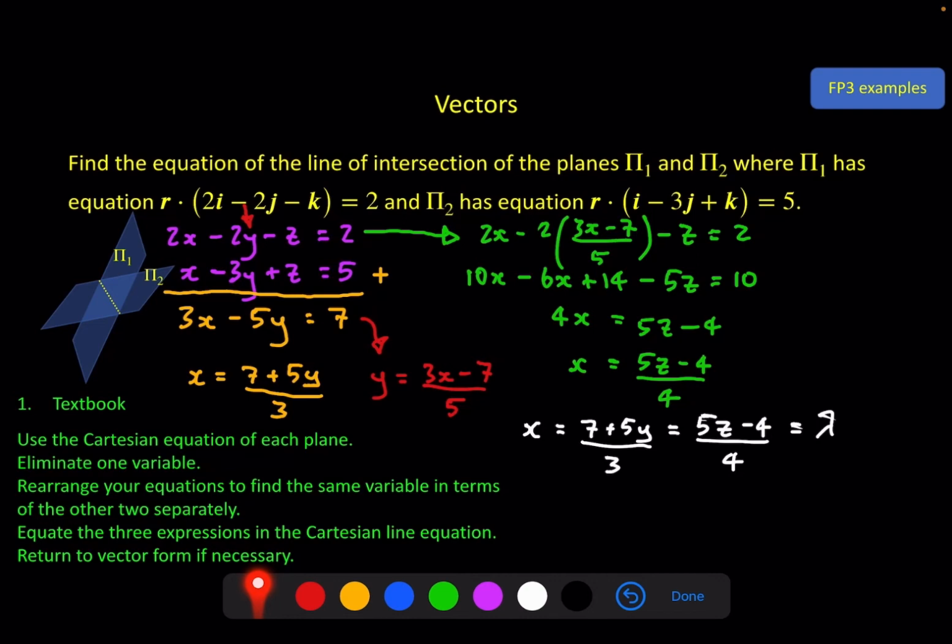And if you don't like that, you can rearrange it into vector form again. Let's do that. If I was being really formal, I'd maybe write this, and then let's take the 5 out, y plus 7 over 5 divided by 3 over 5, and here take the 5 out as well.